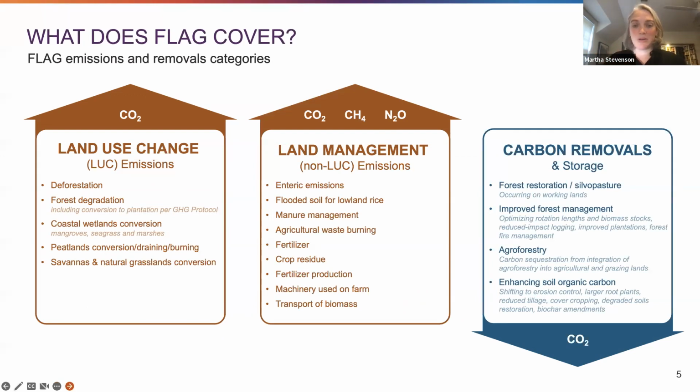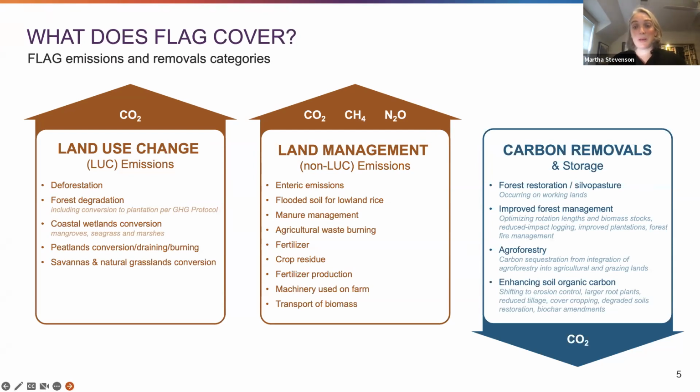In the second category, land management emissions, we're looking at everything that's happening on farm or in forest. These include livestock management like enteric emissions or manure. It includes fertilizer application, and then of course, various soils, pasture, and forest management practices.